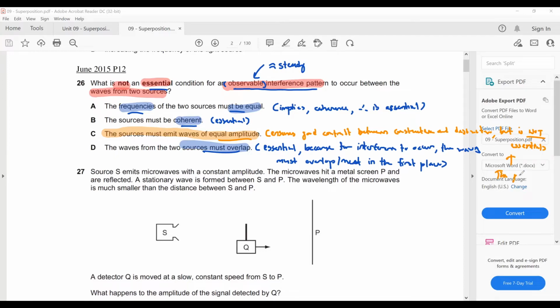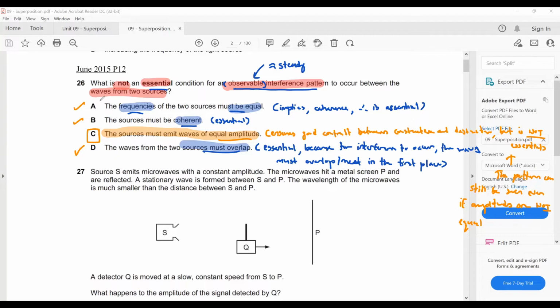The pattern can still be seen even if amplitudes are not equal. So A, B, and D are essential. It's only C that is not essential.